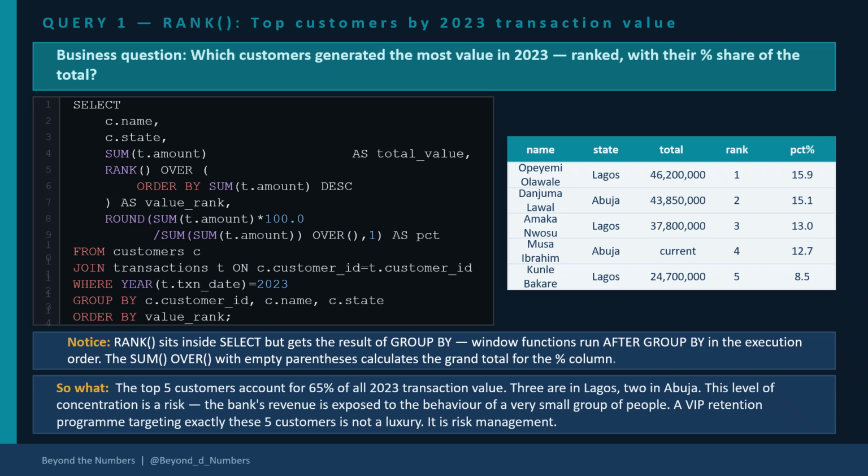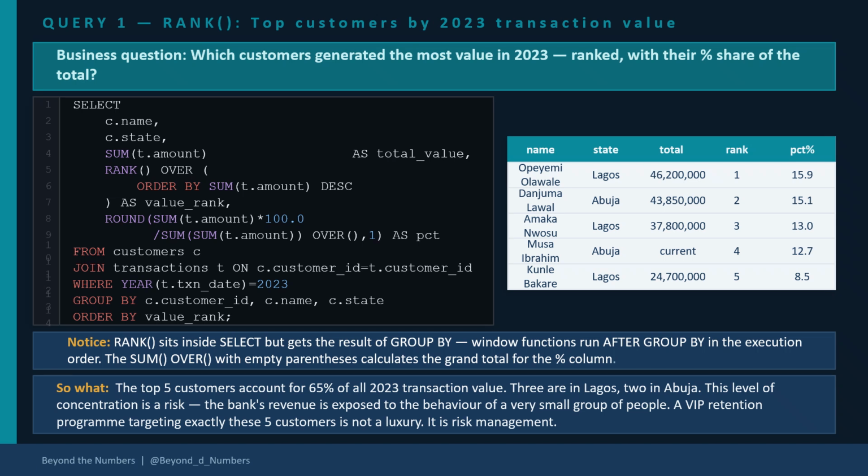What this tells you as a data analyst is that concentration is a risk. The bank's 2023 revenue was driven majorly by 5 people out of 40 customers. So if Opeyemi closes her account, the bank loses 15.9% of transaction volume.